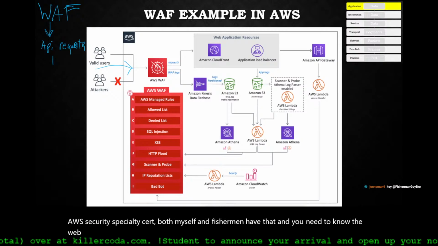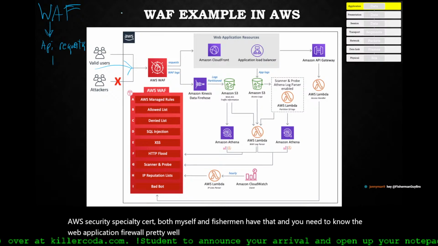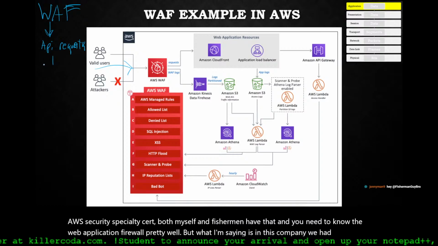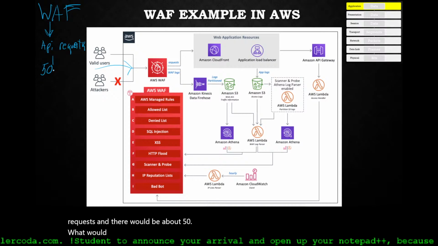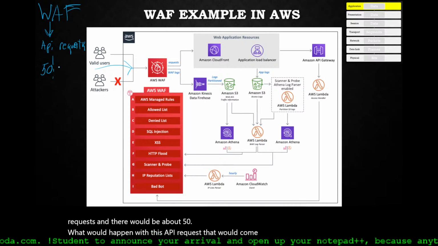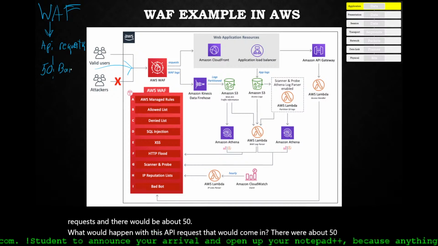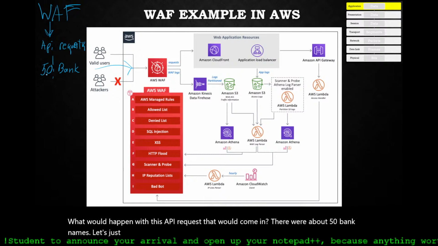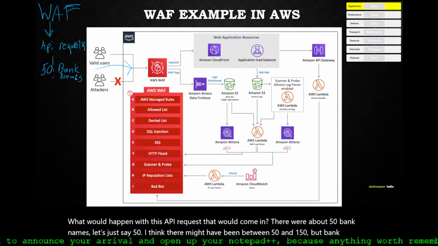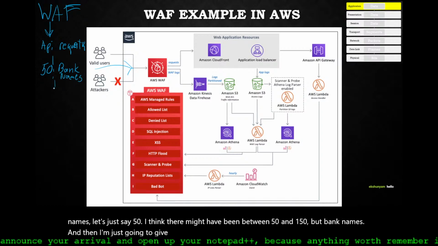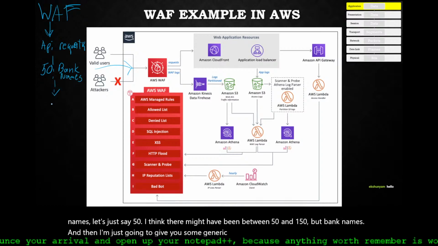and you need to know the web application firewall pretty well. But what I was saying is in this company, we had API requests, and there would be about 50. What would happen with this API request that would come in? There were about 50 bank names. Let's just say 50. I think there might have been between 50 and 150, but bank names. And I'm just going to give you some generic ideas about some of those bank names.